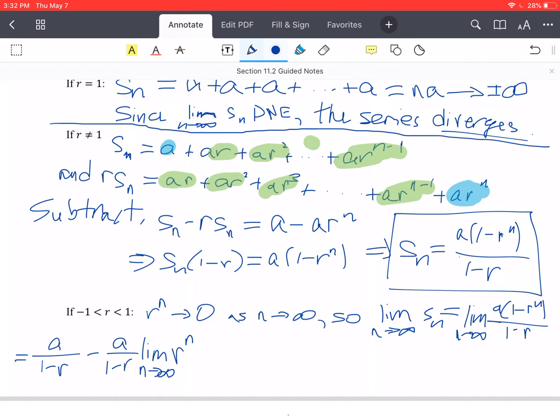Okay. And as n goes towards infinity, this whole value goes to 0. So that means that this is left as a over 1 minus r.